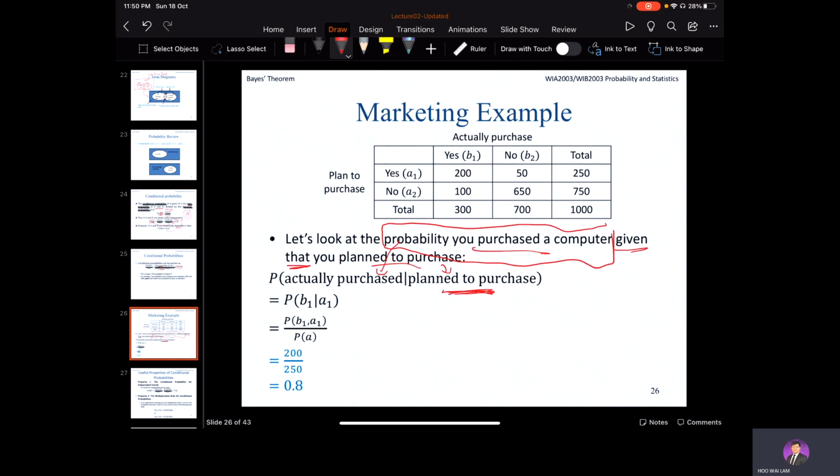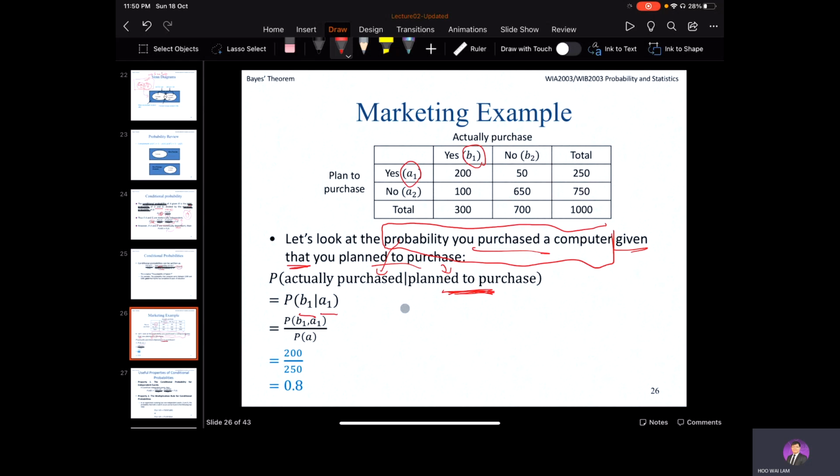And if you look into here, it is probability of B1 given A1, because it's this one and this one. Both yes. And when you expand it, it becomes probability of B1 and A1 happening together, which is this one, 200 divided by 250, and you get this.